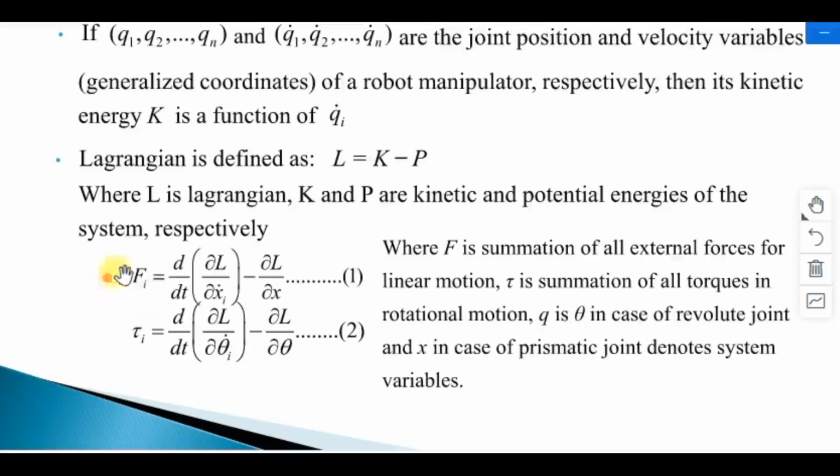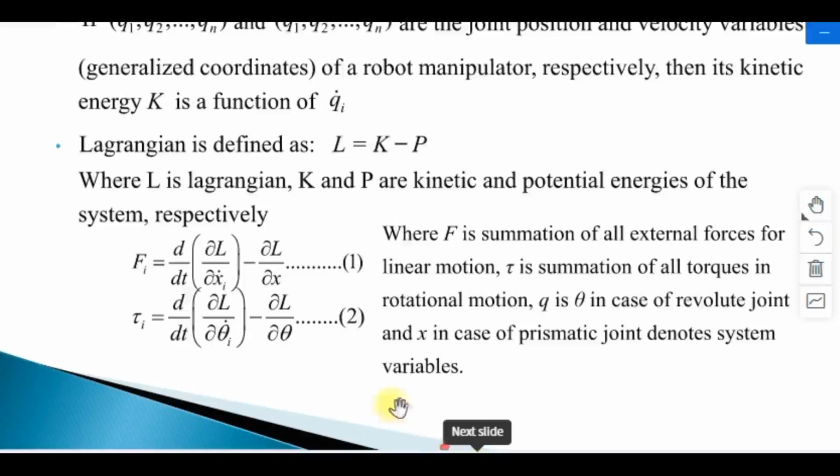So we may calculate Fi. Fi equals d/dt of del L by del x dot i, meaning ith, minus del L by del x. Okay, look, it is xi and it is x.